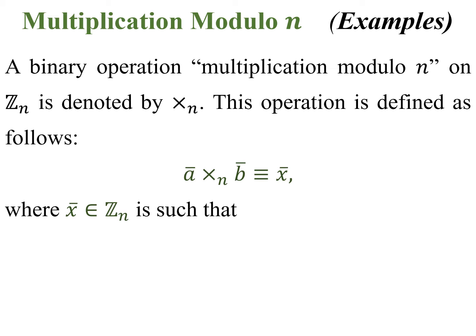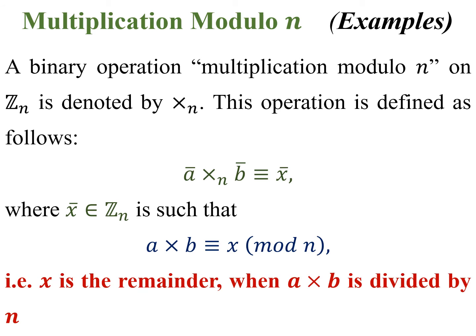It is such that when we multiply a and b, that product is congruent to x modulo n. a cross b is congruent to x modulo n. It means that when we divide a cross b by n, we will get x as a remainder. Means x is the remainder when a cross b is divided by n.